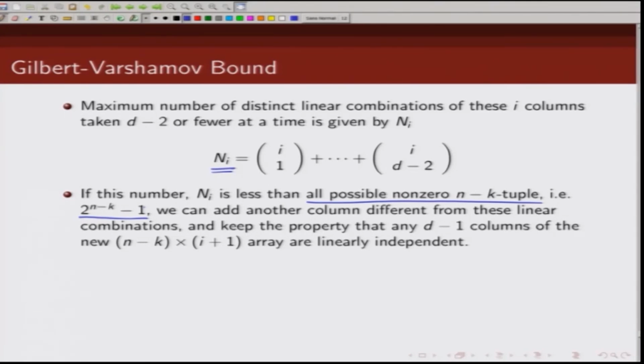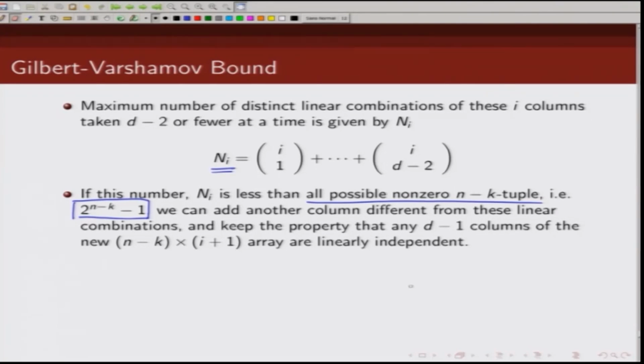Now, if this number N_i is less than this number, what does it mean? We can find another n minus k tuple which would be linearly independent of any of these combinations.